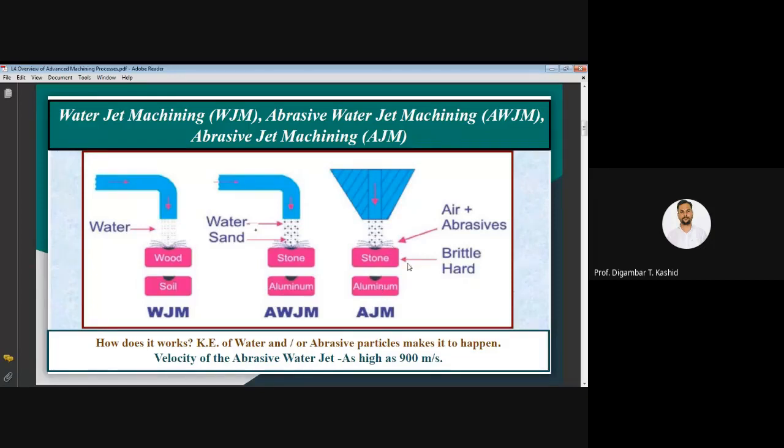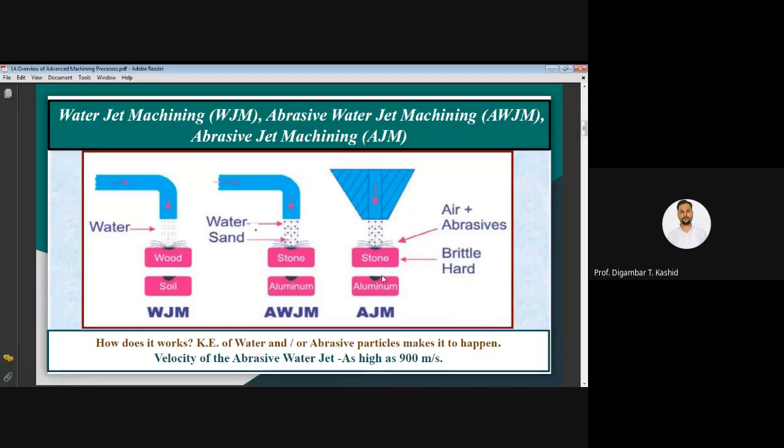Here, second, you can see the aluminum block, and from the top surface of that aluminum block, bigger craters have been formed. Now again, if you view it in the conventional way, then the stone or the aluminum metal is harder than that jet of air plus abrasive.